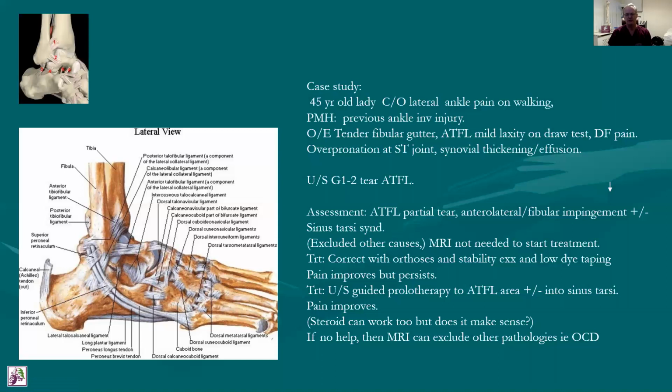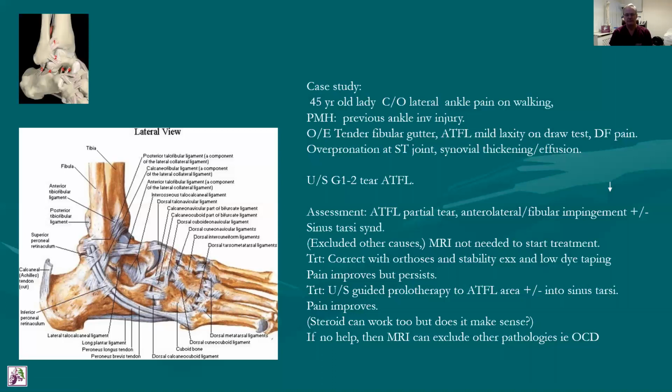Now, you've excluded other causes, but you haven't yet had an MRI scan, because I don't believe the MRI scan is needed to start treatment in this case. There's the added expense, plus there is no other indication on this patient's history that any other injury has taken place.